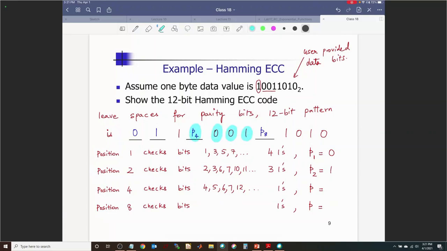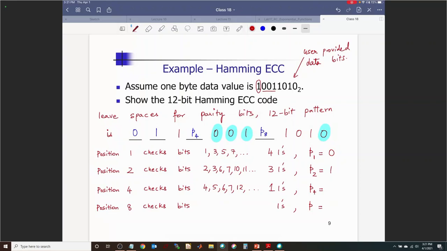And then blank, blank, blank, blank. How many ones do you see here? I'm trying to compute P4, so I'm not going to mark that. I see only 1, 1. Right? So P4 should be what?